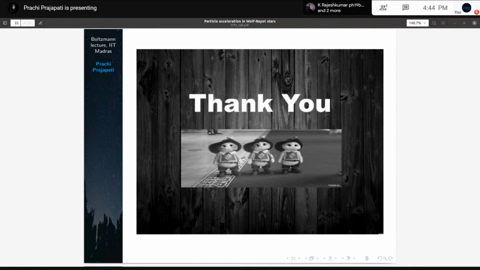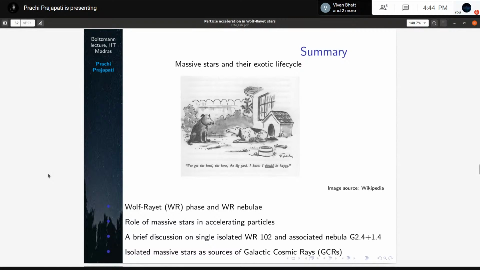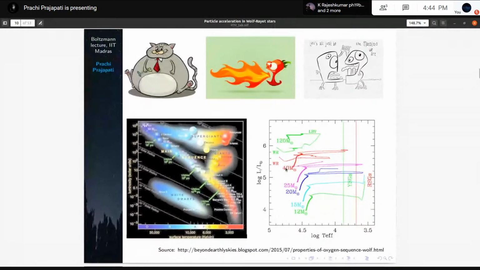No, as I mentioned in one of the slides, only the stars above 40 solar masses go through the Wolf-Rayet phase, not all of them. The masses written here are the initial zero-age main sequence masses.